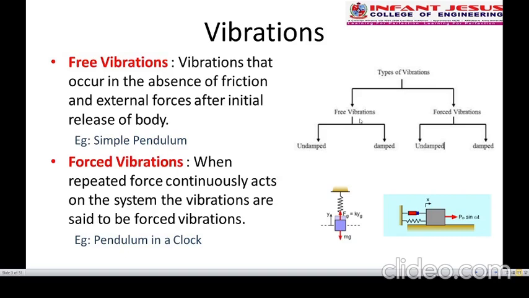If the body is under the influence of an external force continuously, then the vibration is called forced vibration. For example, the clock pendulum has a continuous force, so it is continuously moving. Also electric bells are an example of forced vibrations.